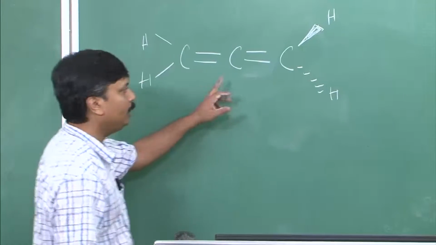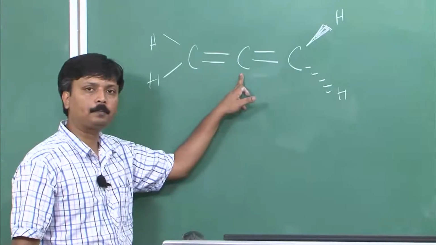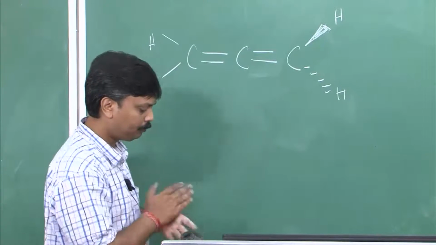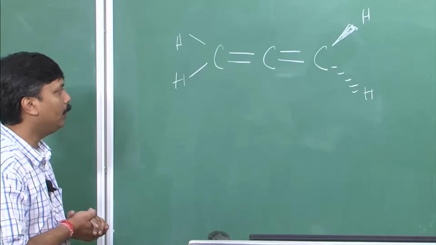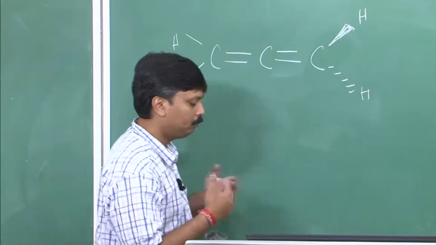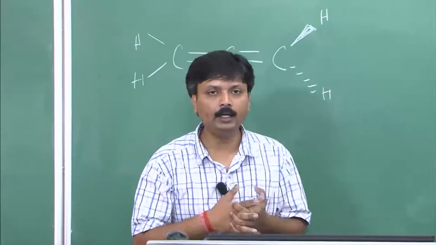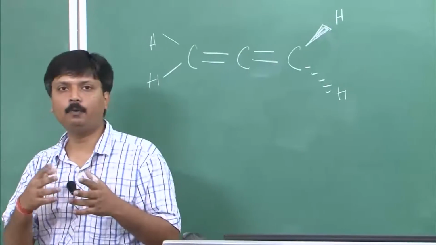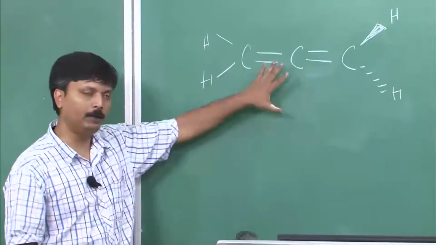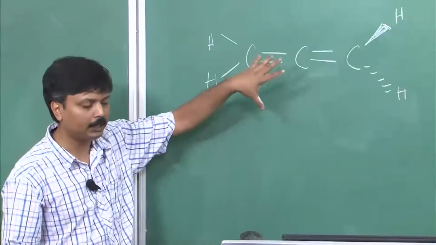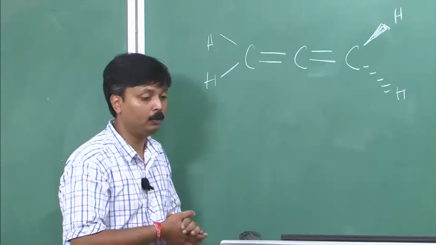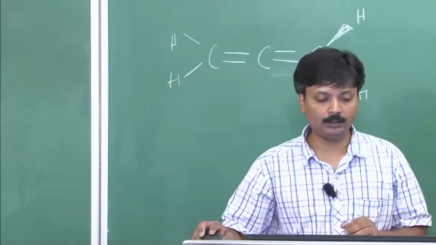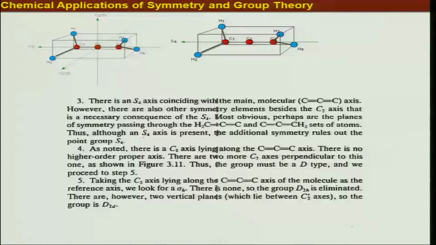From here you can find out several symmetry elements for this particular molecule. Now it will be a much better idea to view it in a different way. You can use this kind of perspective, but another perspective will be much more helpful, so I am going to put it up on the screen now.